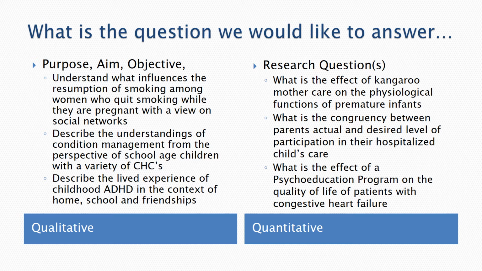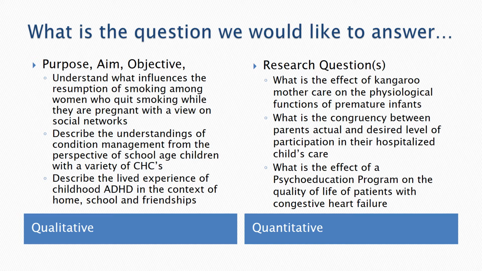were actually doing. And then the third example is, what is the effect of a psychoeducational program on quality of life of patients with congestive heart failure? So this is a really good example of the independent variable, the treatment.